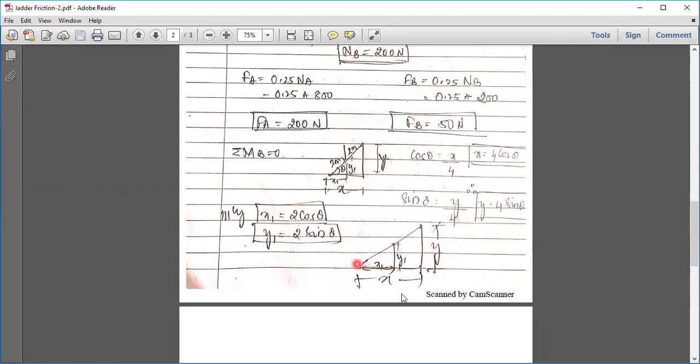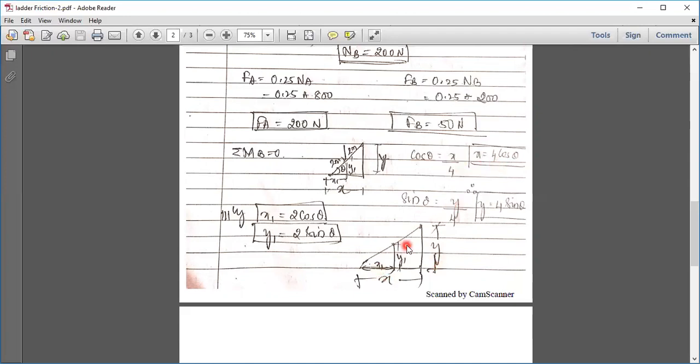So in this particular diagram, if I say cos of theta, theta being, obviously here I've not shown theta, here it is clear. This is theta, the angle of inclination. Cos is adjacent upon hypotenuse. So X by 4, I get the value of X. X is 4 cos theta.